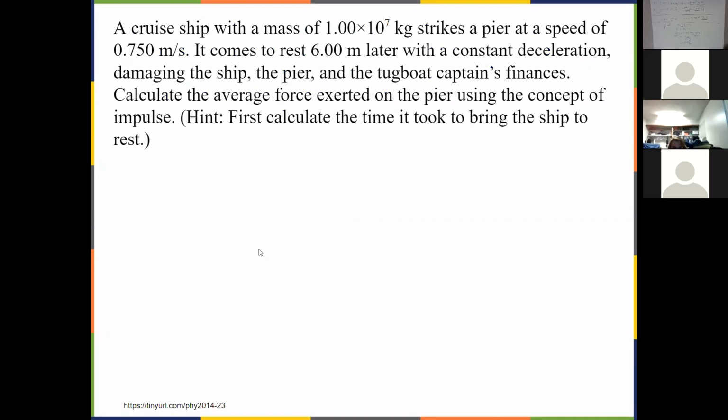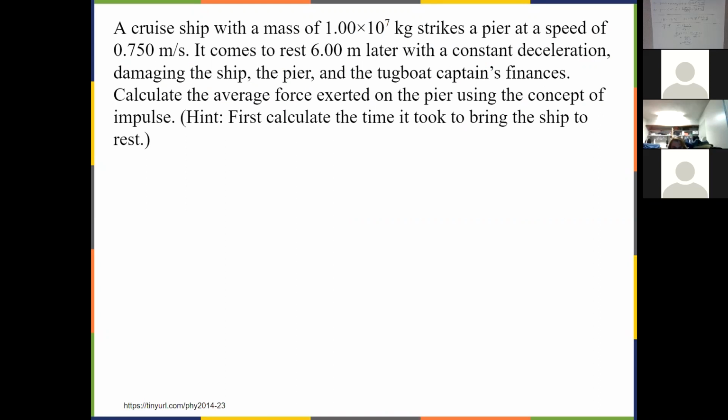So let's take a look at another example here. This one says a cruise ship with a mass of 1.00 times 10 to the 7 kilogram strikes a pier at the speed of 0.750 meters per second.